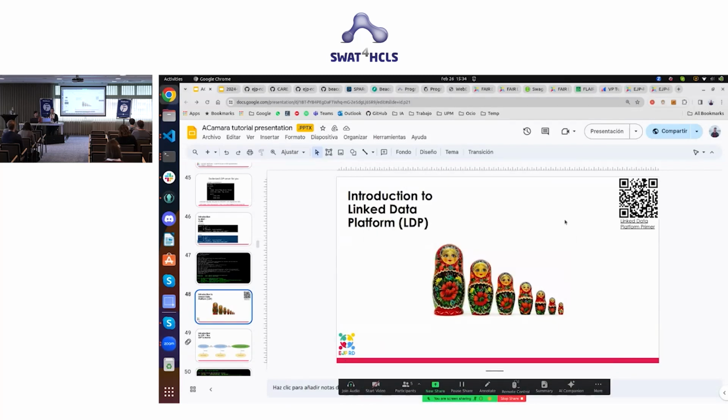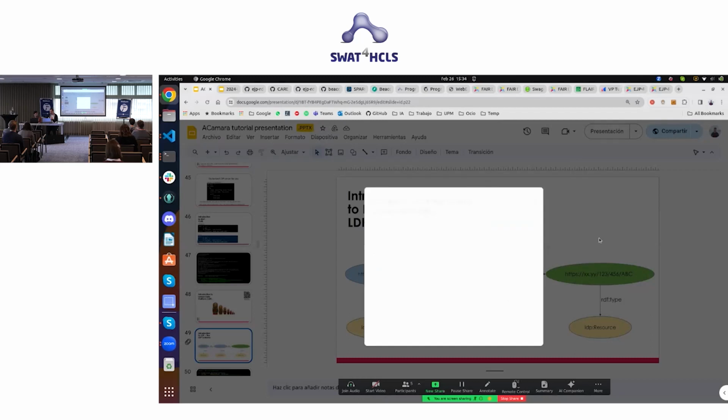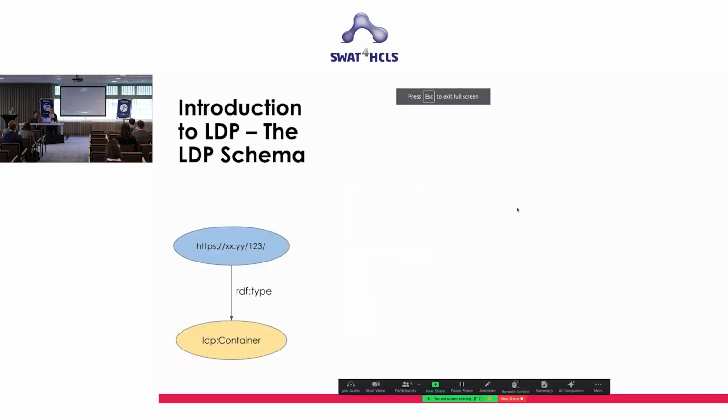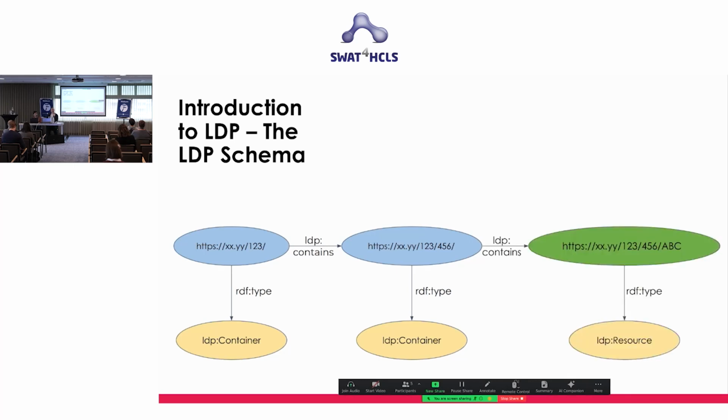The linked data platform consists of containers, as we saw before with the training one, that contain other things. Some of the things that a container can contain is another container, and maybe that container contains a resource.